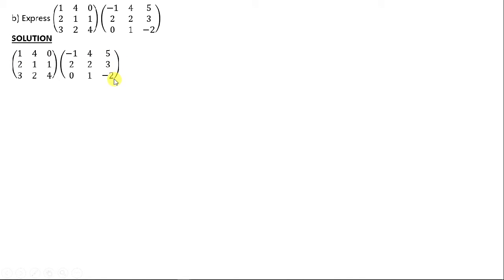When you finish, that's when you go to the second row times the first column, second row times the second column, second row by the third column. Then that's when we'll go to the bottom. The third row times the first column, third row times the second column, third row times the third column.